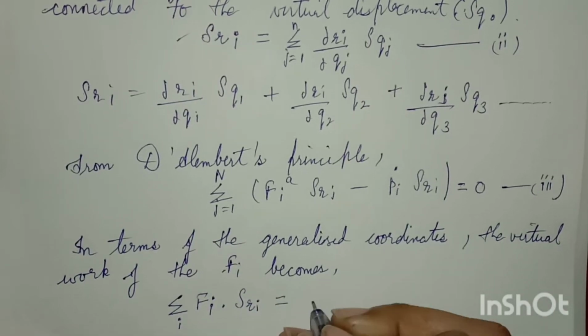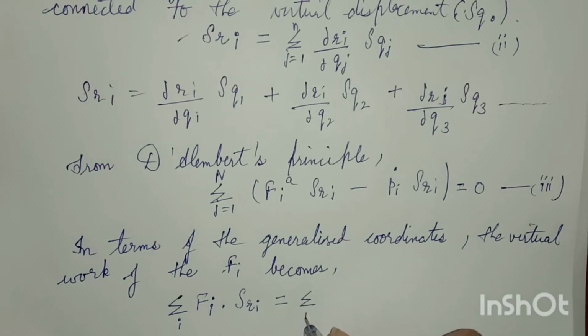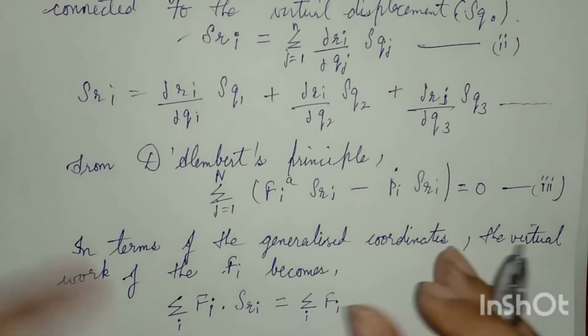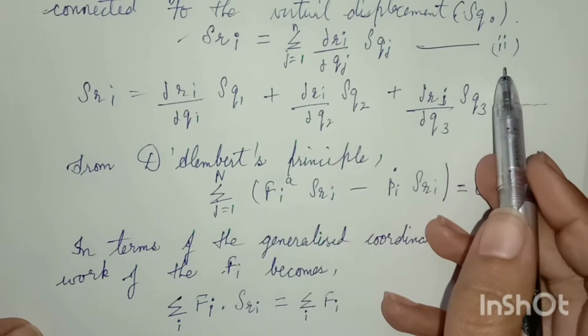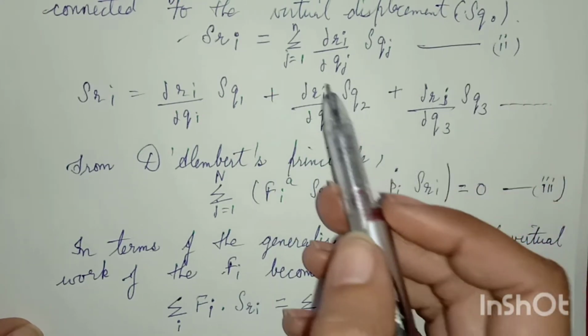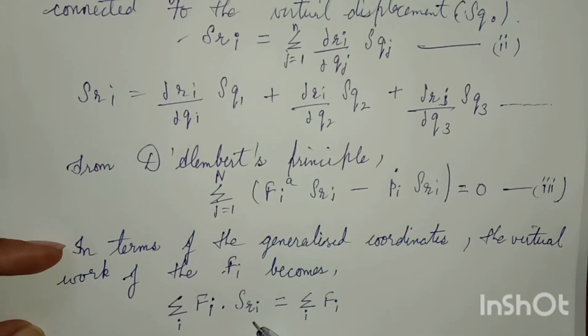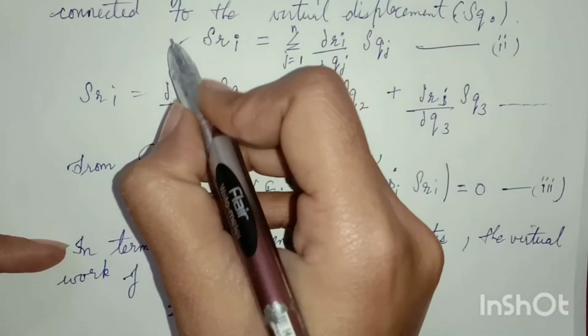is equal to summation i Fi. We can put the value of delta Ri, which is this one, equation number 2. So by using equation number 2, here we can put the value of delta Ri from here.